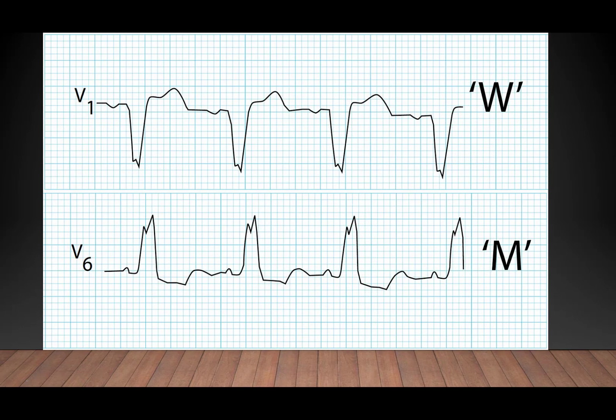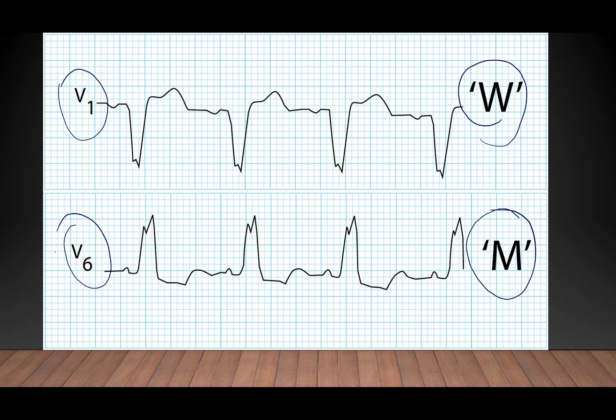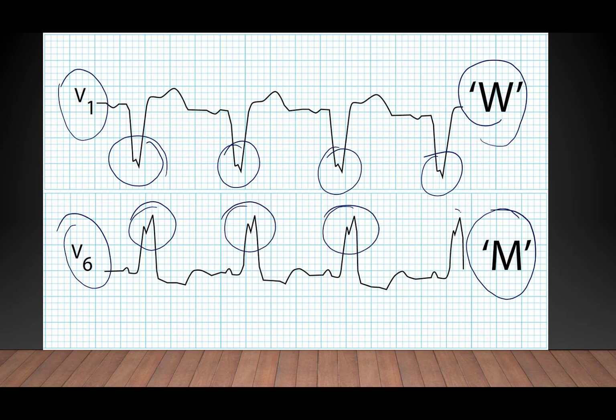But it's easy to memorize: we have W in shape and M in shape in V1 and V6. If you look at V1, the QRS complex is just like a W in shape, and V6 is just like an M. It's called left bundle branch block.